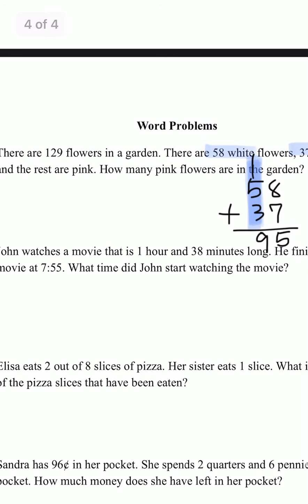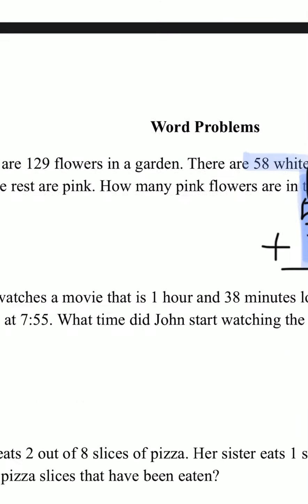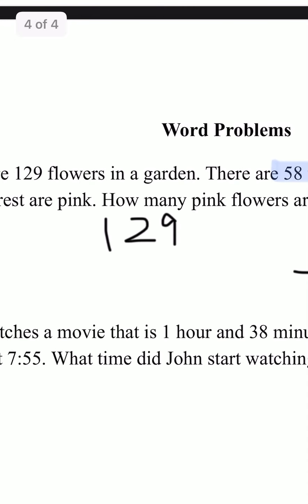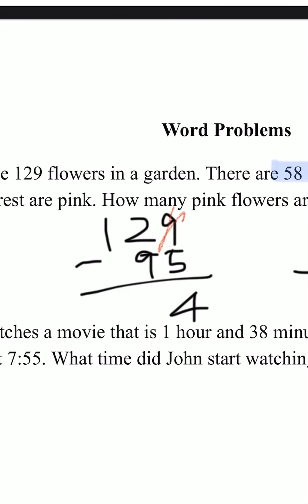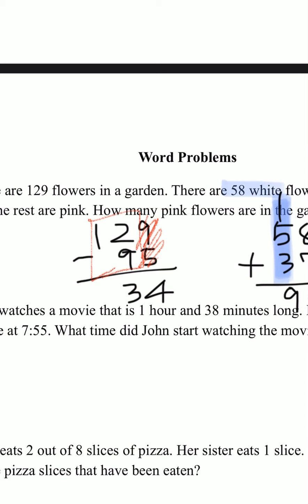Now we're going to have to subtract 95 from 129. Oh, sorry. Subtract. So 9 minus 5 is 4. And just ignore this and see this as 12 minus 9. So that's 34. So there are 34 pink flowers in the garden.